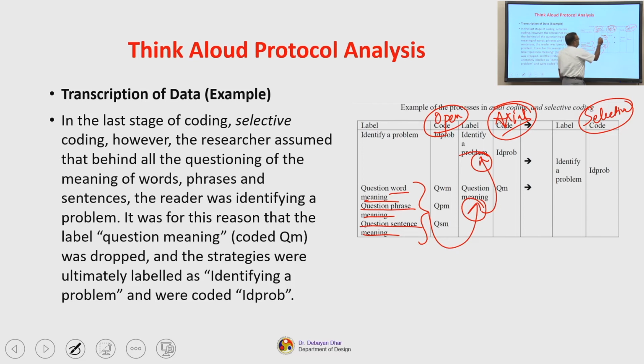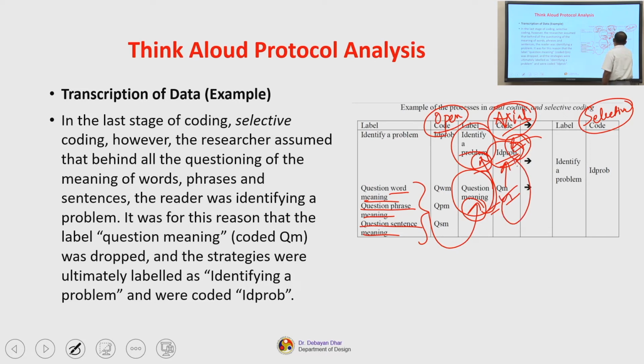So, from the axial coding stage we had these two codes, identifying a problem and questioning meaning, that is IDPROB and QM. Now, we understand that QM is also part of IDPROB, and we feel that IDPROB is the essential focus, such that if we address it, naturally all these aspects are addressed.